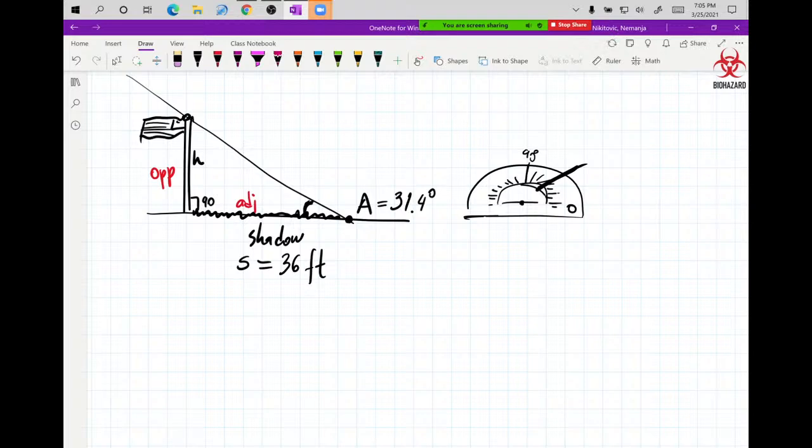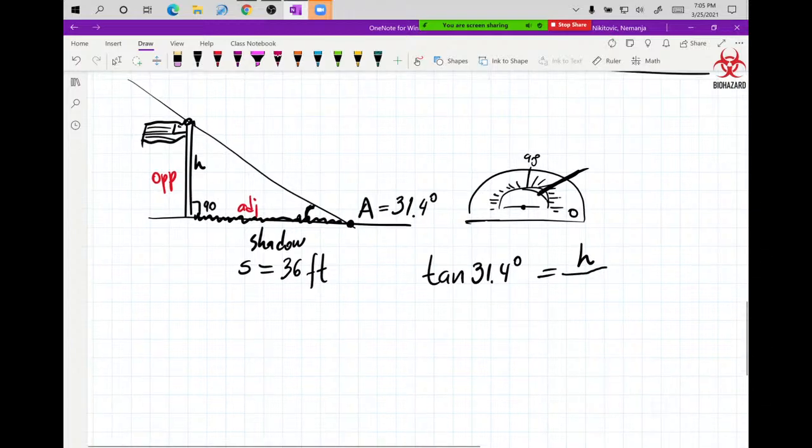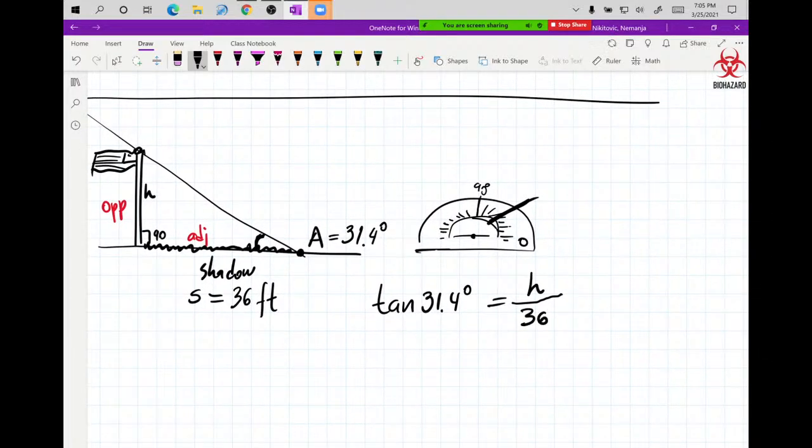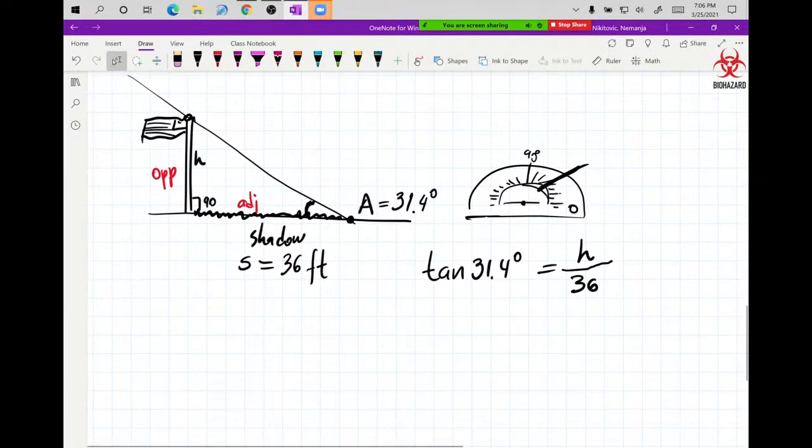So we will set up a tangent. Tangent of 31.4 degrees is equal to opposite, which is what you don't know, divided by 36 feet, which is what you measured as a shadow.